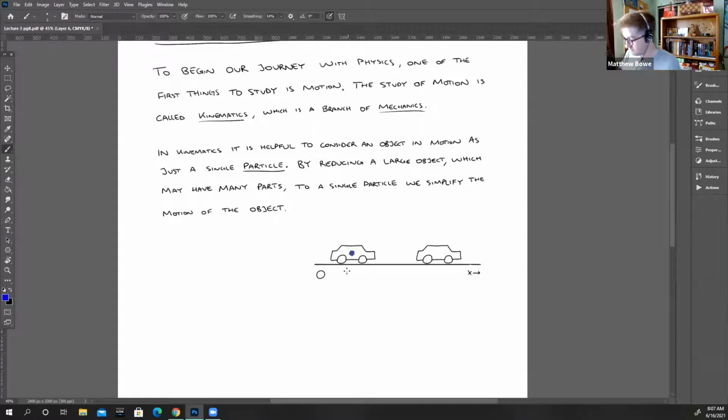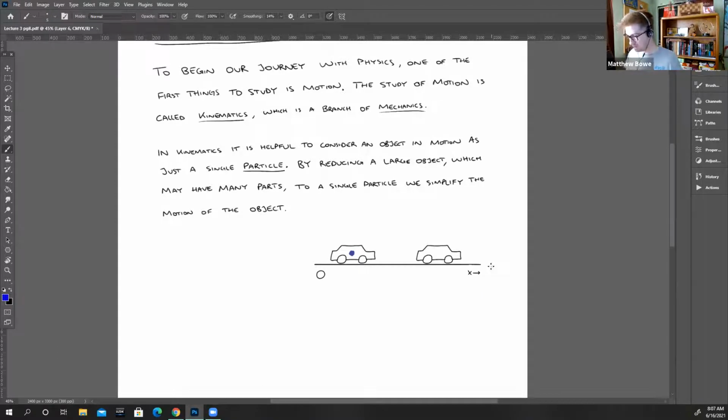At this first instance, by the way, the car is moving this way. So I'm going to measure around this point. I'm going to say on this number line, to the right is going to be a positive direction, so positive x as you move to the right.